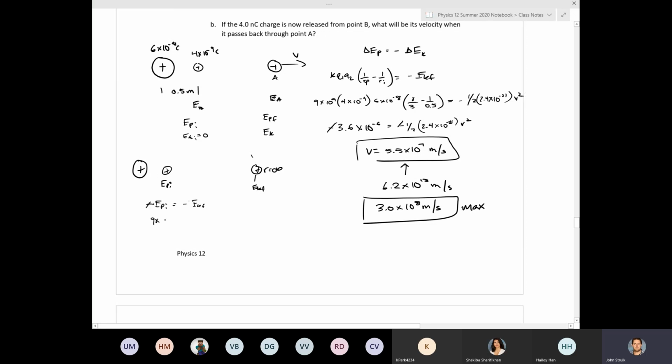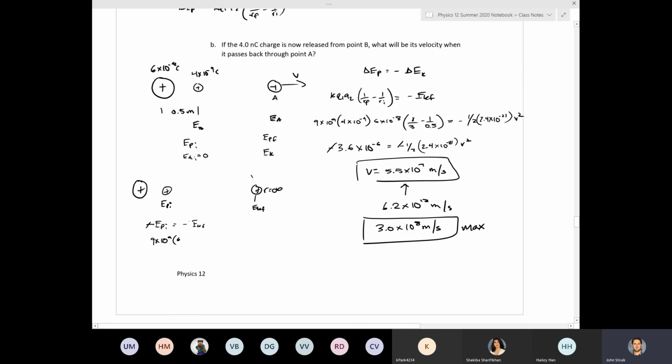So it's 9 times 10 to the 9 times 6 times 10 to the negative 8 times 4 times 10 to the negative 9 over 0.5 equals 1/2 mv squared.